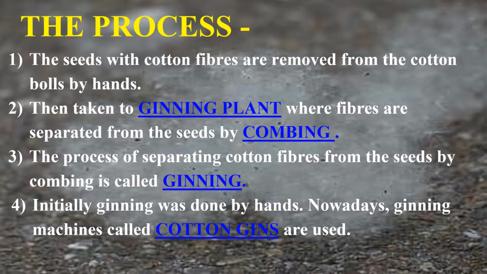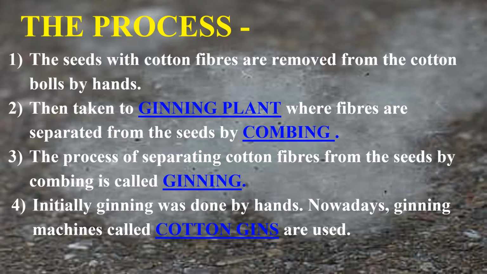Now, the seeds with cotton fibers are picked or removed from cotton bolls by hand. After picking, they are taken to a ginning plant where the fibers are separated from the seeds by combing. The process of separating cotton fibers from the seeds by combing is called ginning.